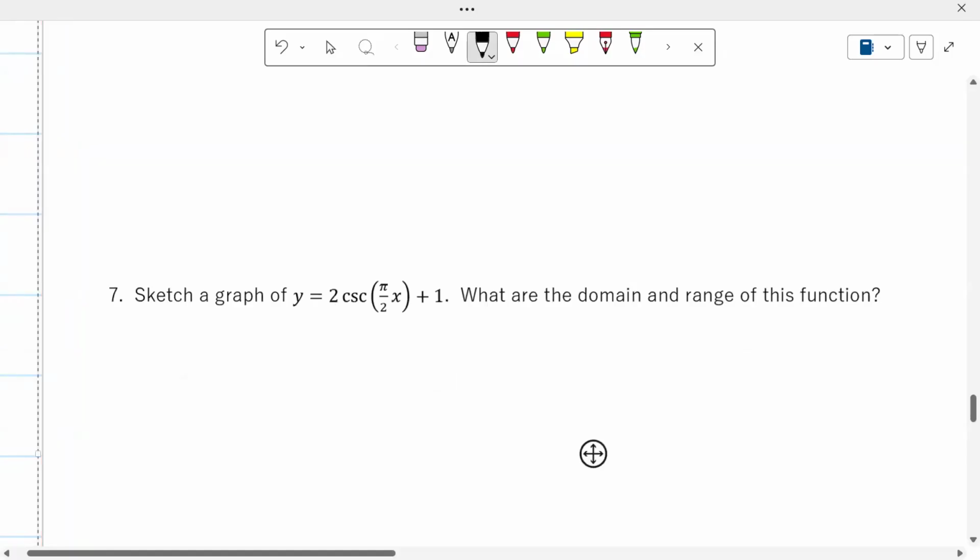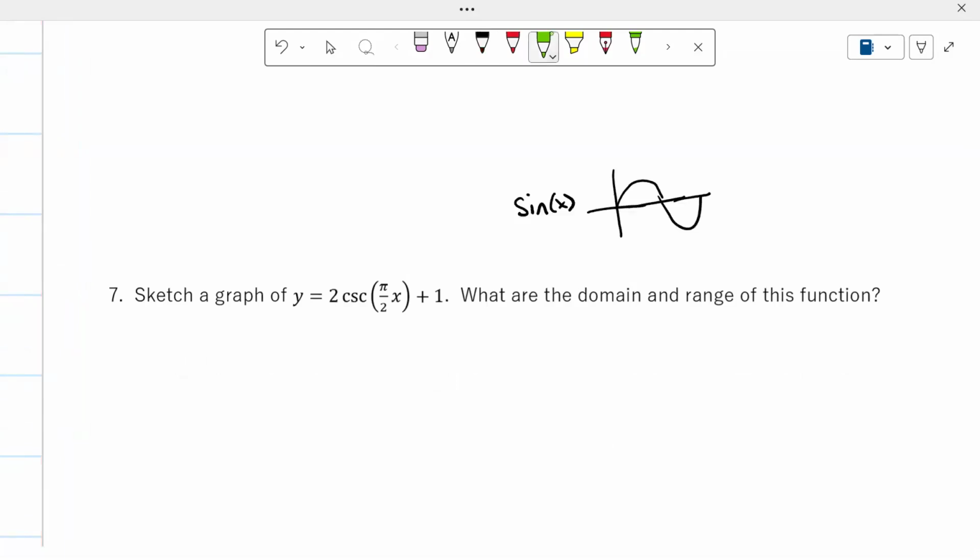So that means that the cosecant is this one. There's an asymptote here, asymptote here, asymptote here. This is 2 pi, this is pi, pi over 2, 3 pi over 2. Okay? That's the basic sine, which turned into cosecant.